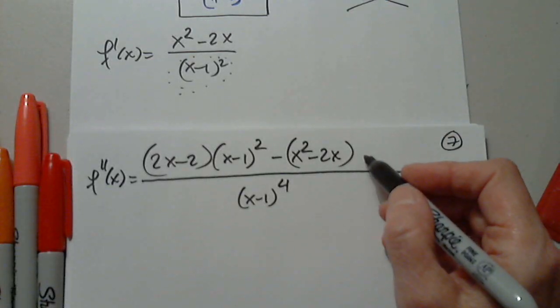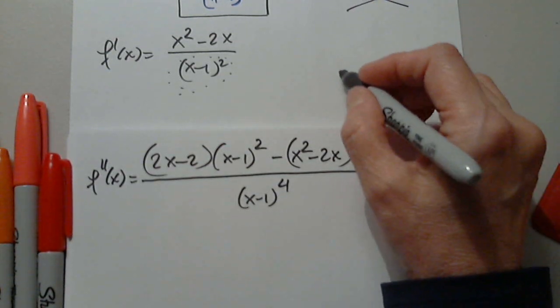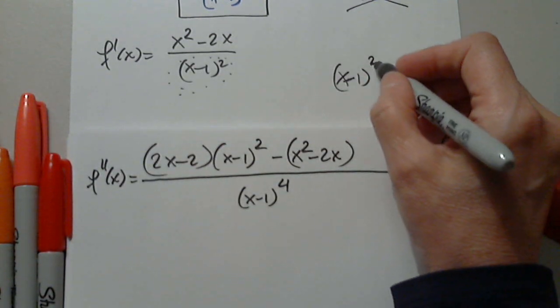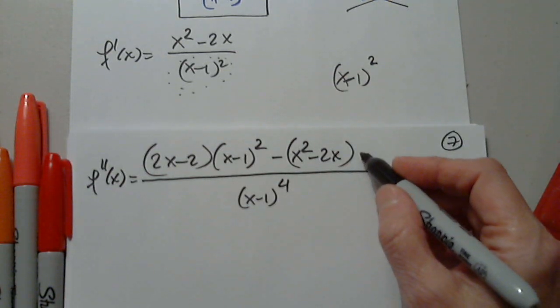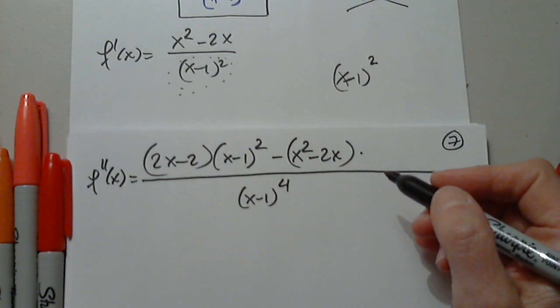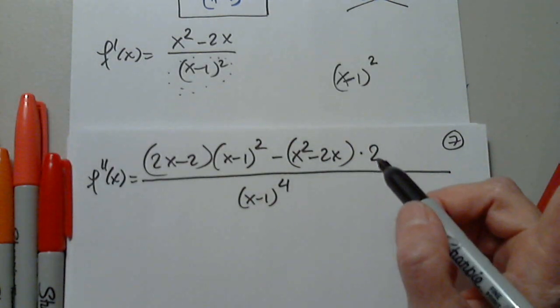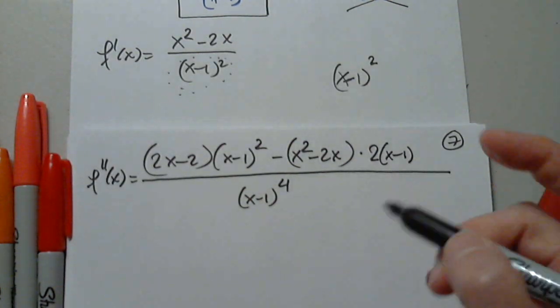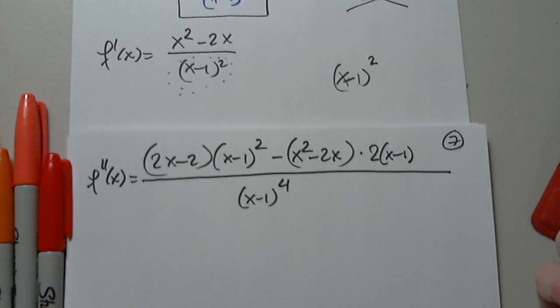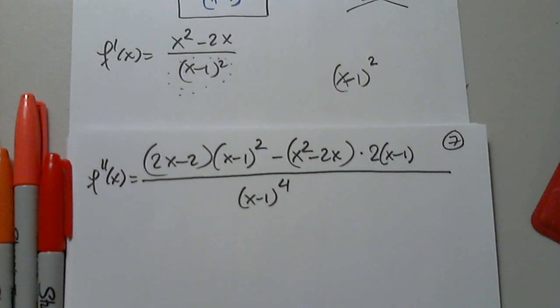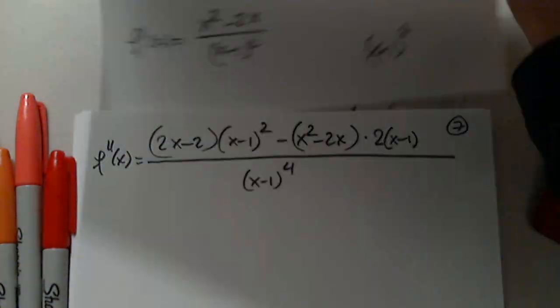So we are differentiating x minus 1 squared. 2 times x minus 1 to 2 minus 1, which is 1, times the inner function prime, which is 1. Exactly. Please factor, please factor, please factor.